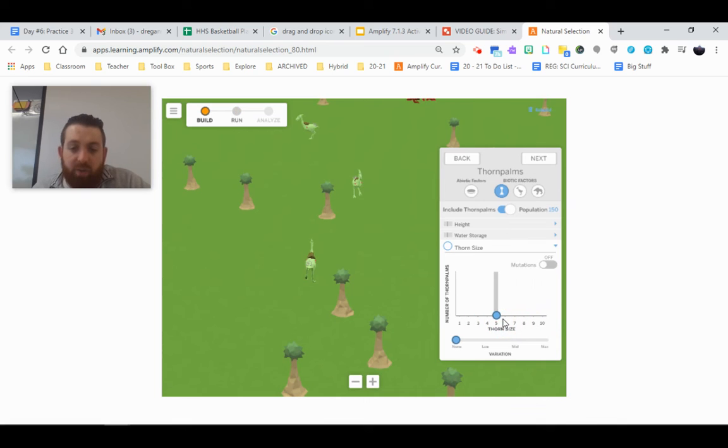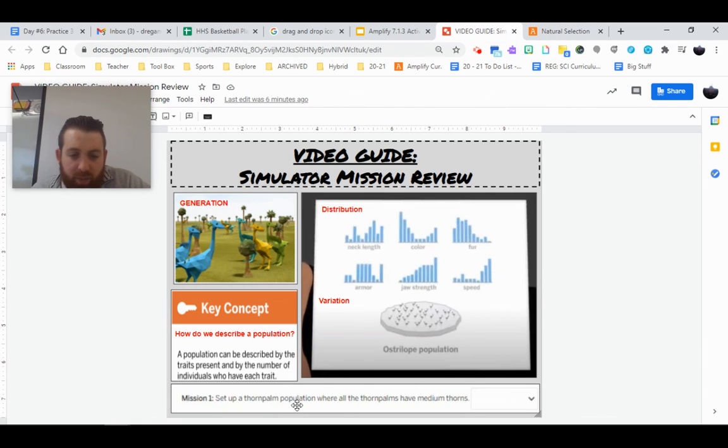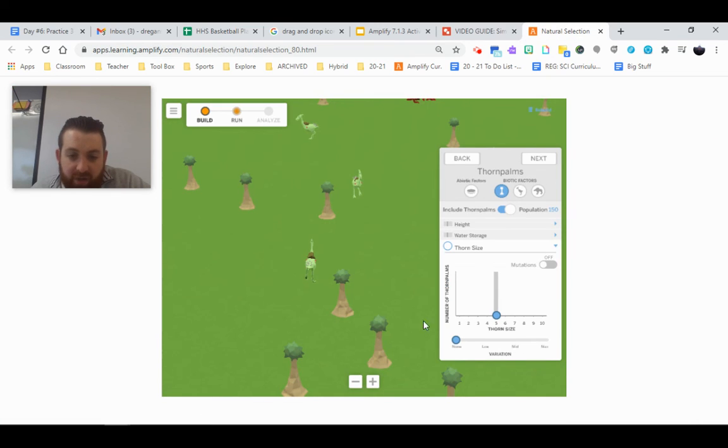Your job will be to toggle the two different aspects of the histogram in order to accomplish the mission. So every single one of these thorn palms needs to have a medium-size set of thorns. You'll have to figure out which spot to leave the bottom toggle and which spot to leave the top toggle so they all have a medium set of thorns.